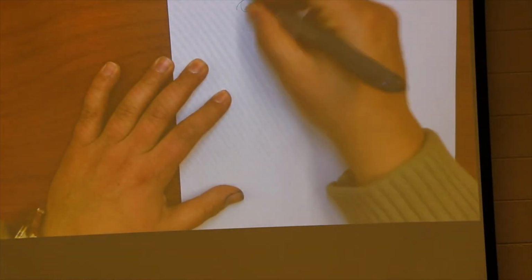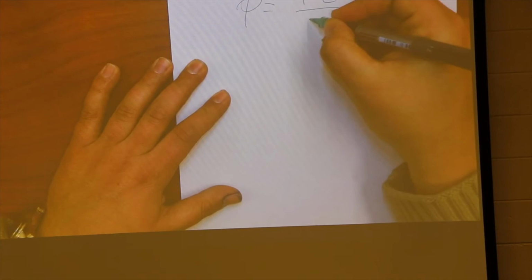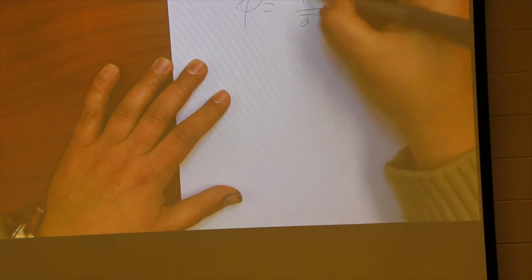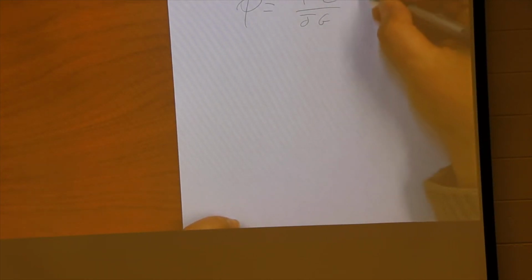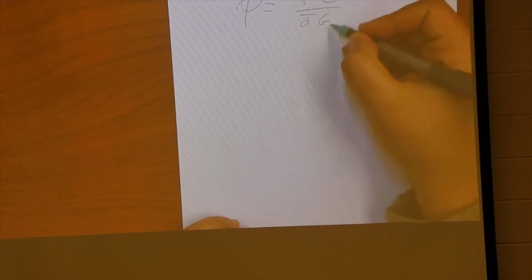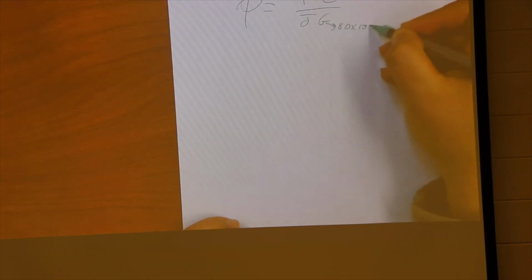Phi equals TL over JG. T is 200 N·m or 200,000 N·mm. L is 50 centimeters or 500 millimeter. G is 80 times 10 to the power 3 megapascal.